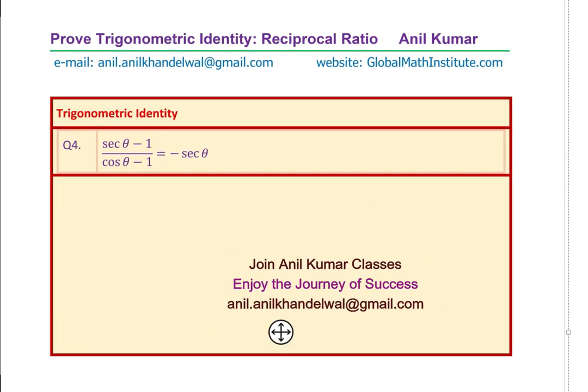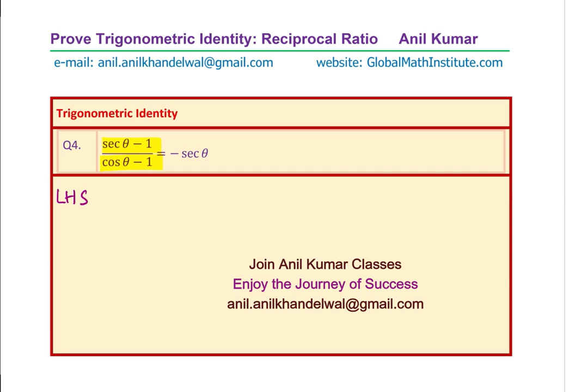Now, let's take up question number 4. Now, this is a thinking question at this time. So you have to think about how do we get this solution? Well, clearly, we have to begin with the left hand side. Since we have secant theta, it could be written as 1 over cos. So let's begin with the left hand side.